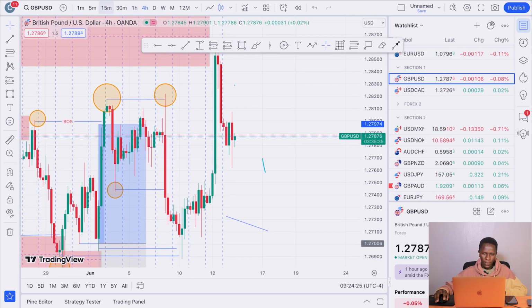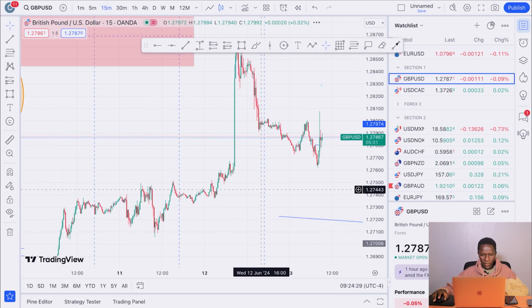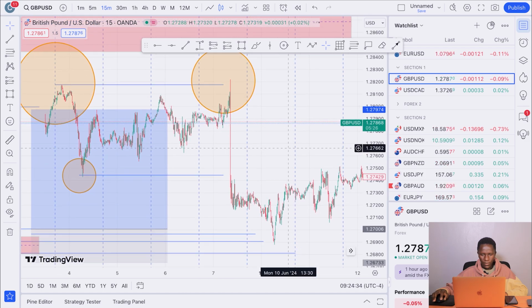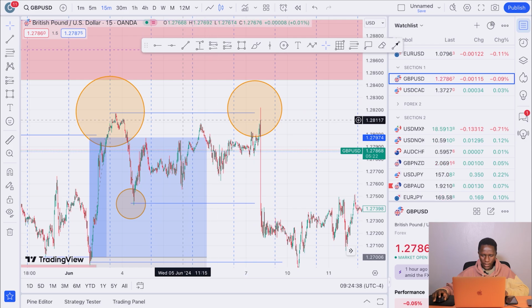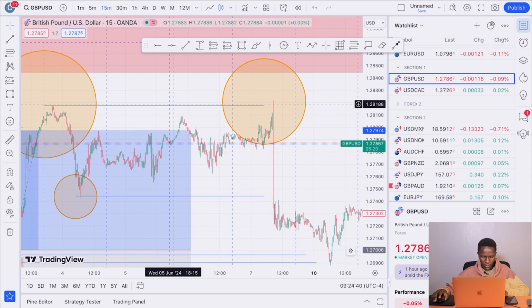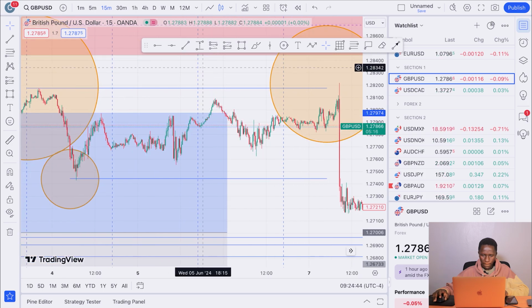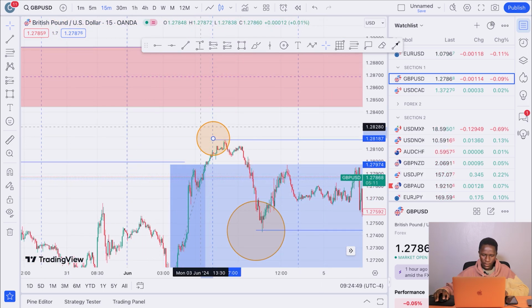Now let's talk about what happened this week. The NFP here, it swept. It swept following this structure. Let me now clear this.